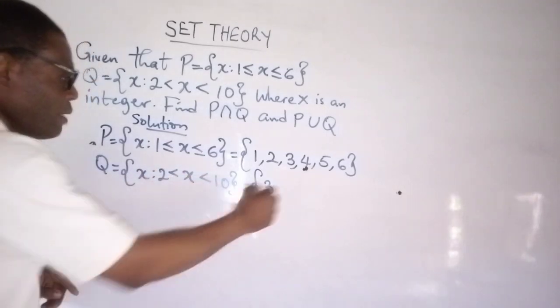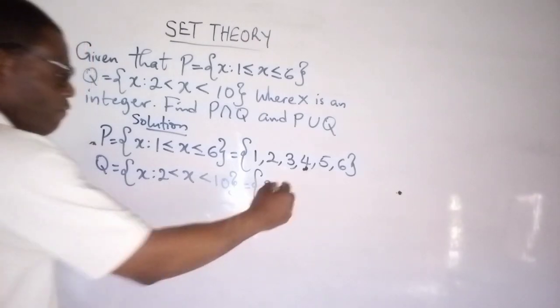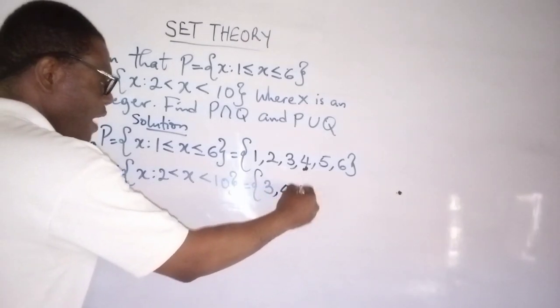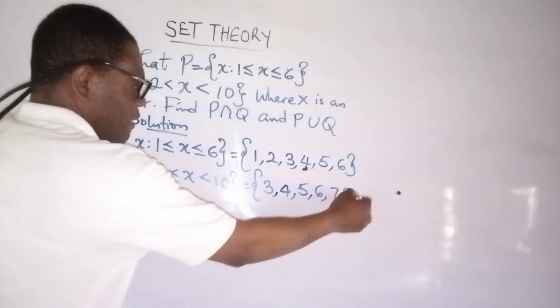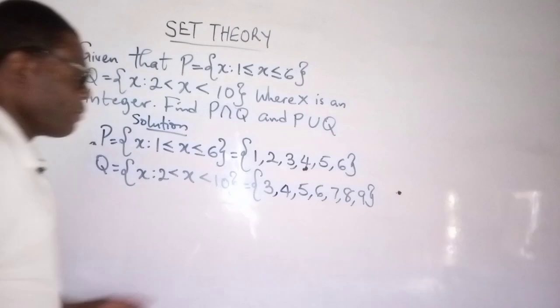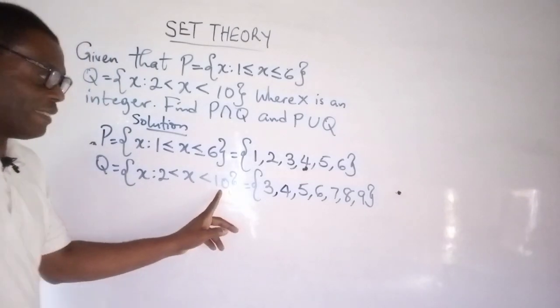So 3, 4, 5, 6, 7, 8, 9. Stop there because it's less than 10.